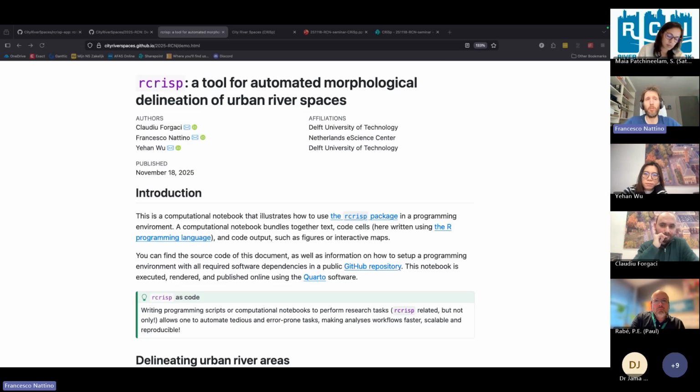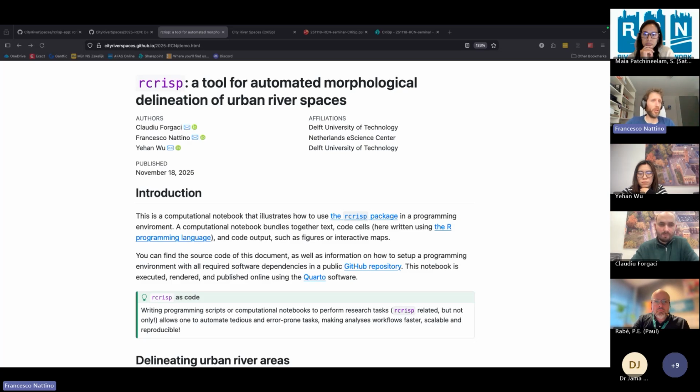The notebook that we are looking at is basically code written together with text and the output of the code itself, all bundled together.